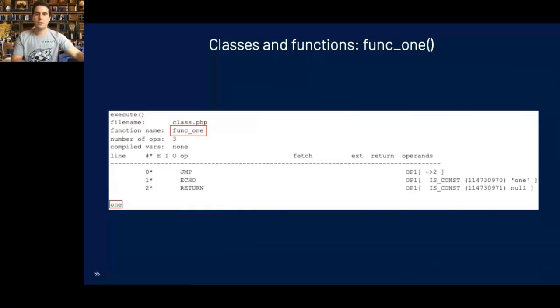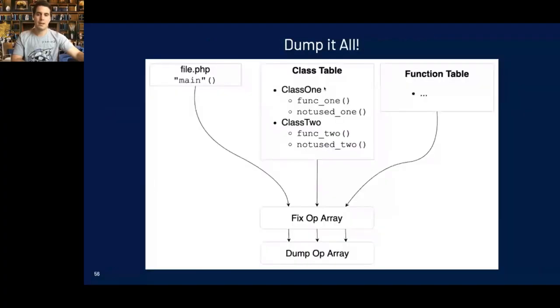So in this case, there was a class 1 in the class table and a class 2 along with their function entries. However, we didn't have just a static function defined in the file, so I didn't have to tap into that for this particular example. But basically, we fixed that op array, we fixed the op arrays in the class table, fixed the op arrays in the function table, and then we could dump it.